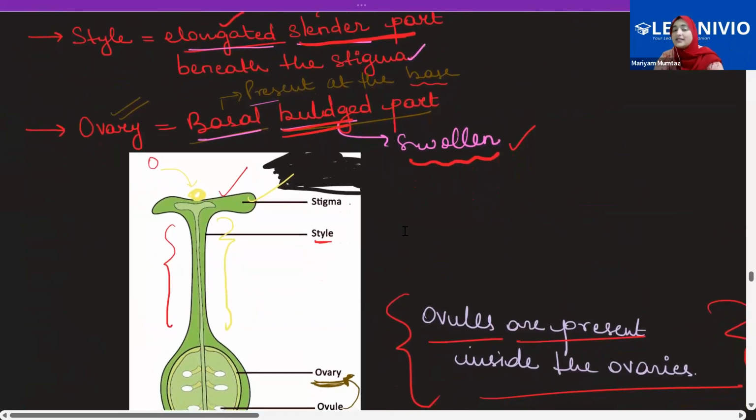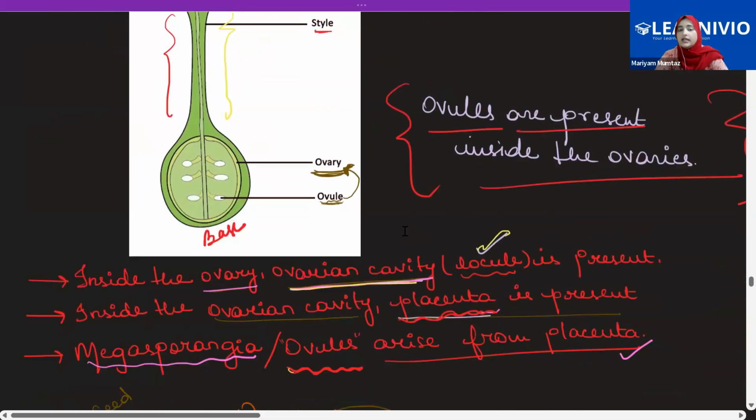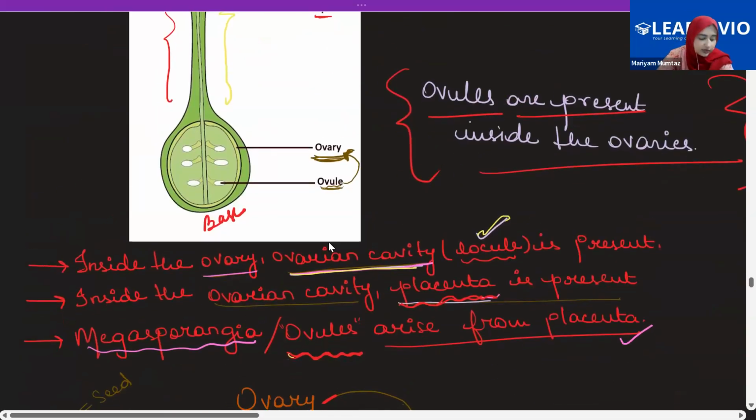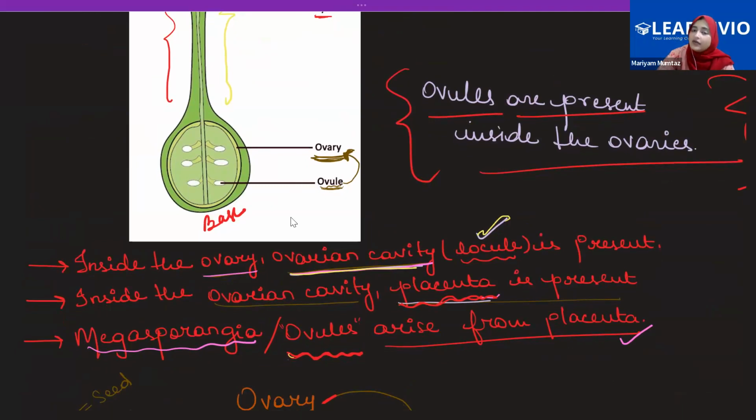Bulged means it is swollen. Basal means it is present at the base. Inside the ovary, you'll have the ovarian cavity, also called locule. Inside the ovarian cavity, there is placenta. And the placenta gives rise to the ovule, which is the megasporangium. This will form the female gamete.